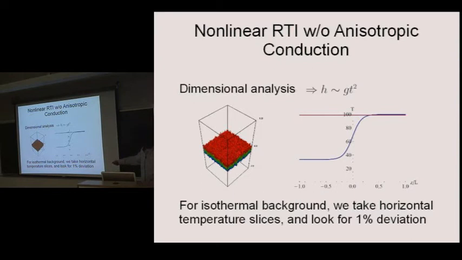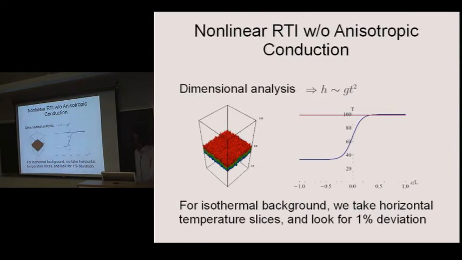So this is like temperature in my simulation box, and I take horizontal slices, and I end up with a profile that looks a bit like this blue line. And then I pick a reference value, which in this case is 99, and I ask where the horizontally averaged temperature is equal to 99, where it started off at 100. Okay? So in this case, it would be right here. So I would say that this vertical position is the height that the bubbles have reached at this time.